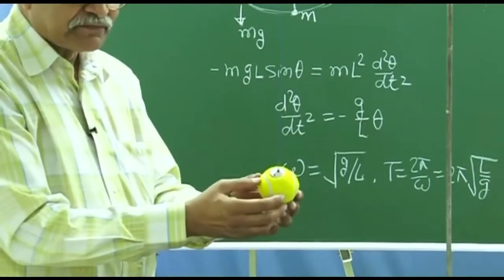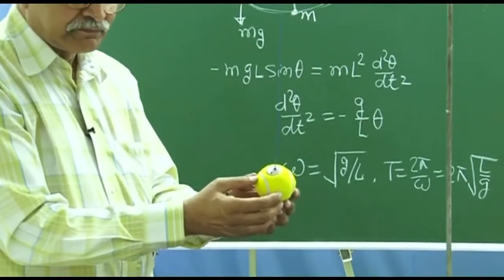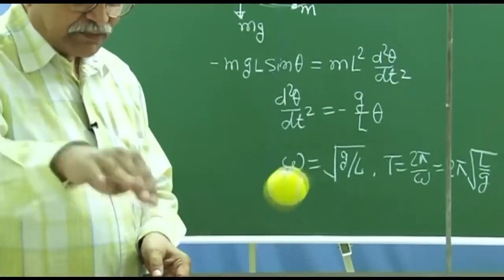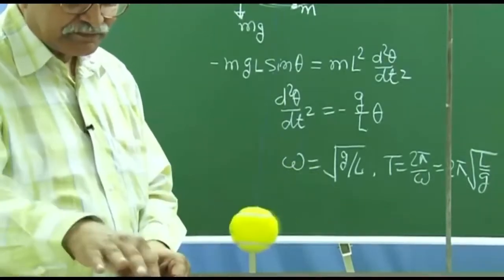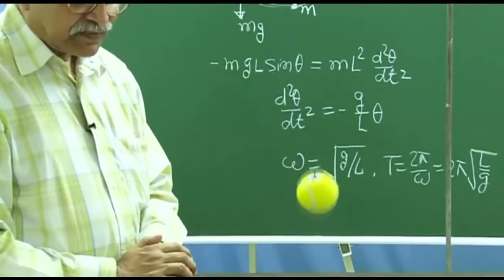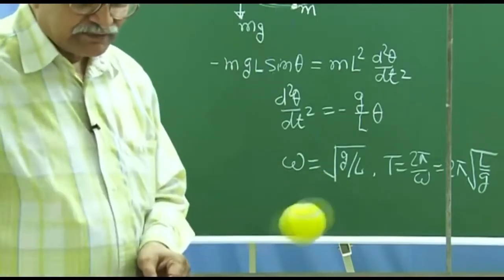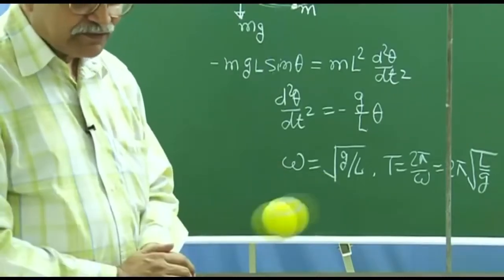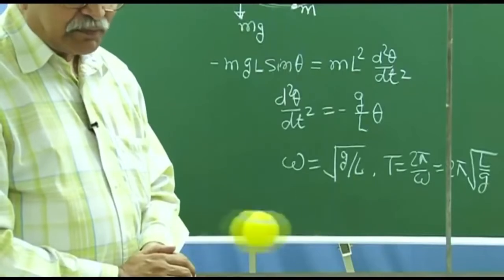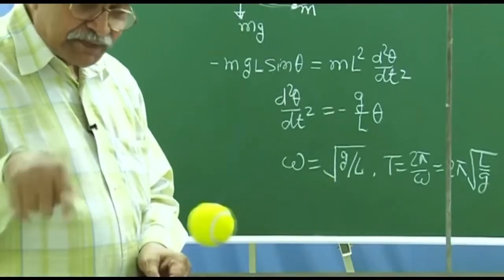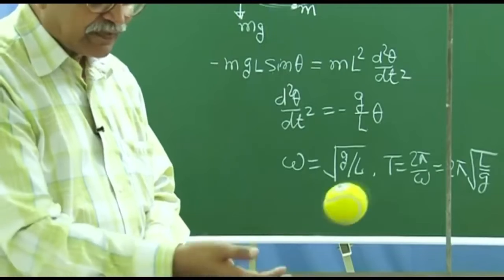I start from here and see it is going mostly in this plane, and now it is going mostly in this plane, roughly. The plane is changing, or that ellipse is rotating.